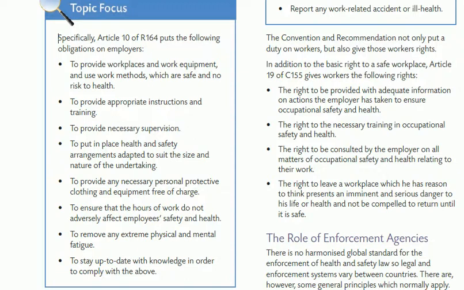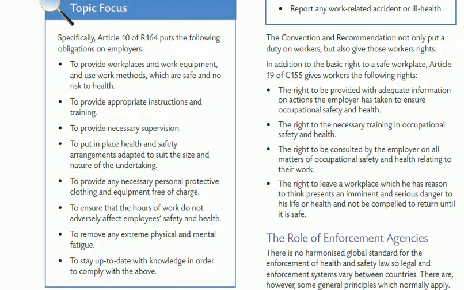So it says here to provide a workplace and work equipment and use work methods which are safe and no risk to health, provide instruction and training, necessary supervision, to put in place health and safety arrangements, all of that. We can pause the video and read it, and you see that they're very similar to what I just said.